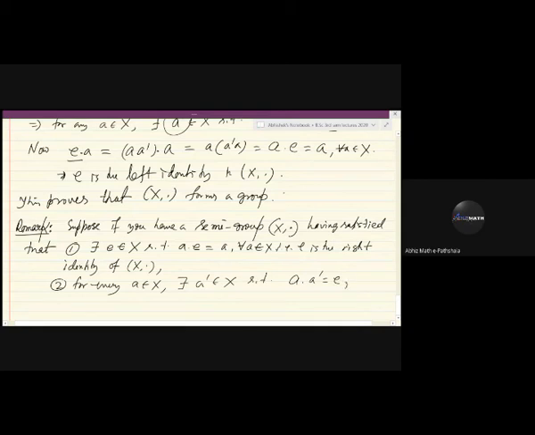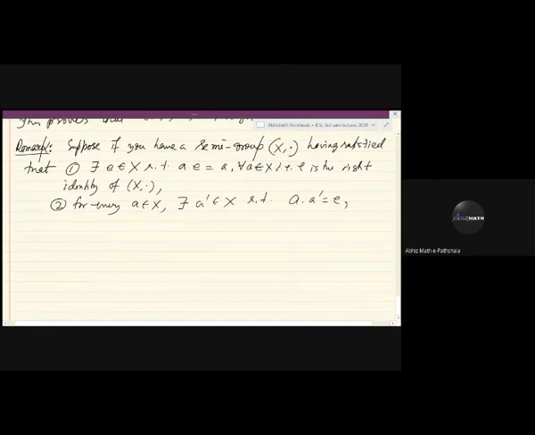Then you can conclude that this algebraic system will turn out to be a group.